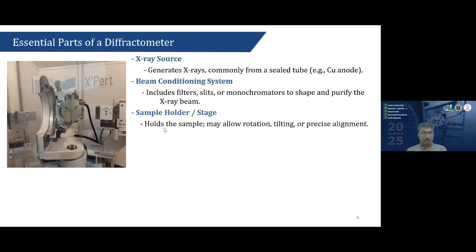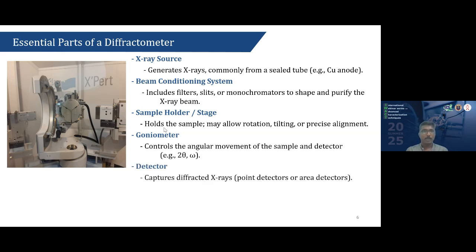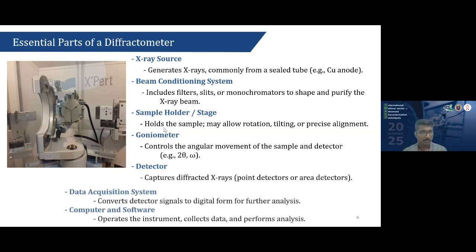Then the sample holder, which holds the sample and allows some rotation of the sample. Then the goniometer, which controls the angular movements of the sample along the omega direction, 2 theta direction, and other movements also. Then the detector, which captures diffracted X-rays. Then a data acquisition system, which converts the detector signal into digital format, and the computer software, which operates the instrument, collects the data, and performs the analysis.